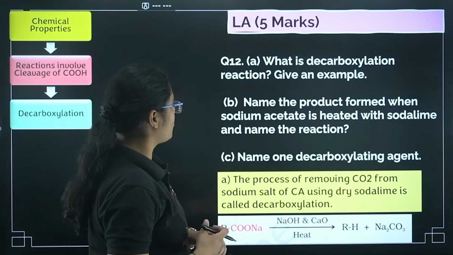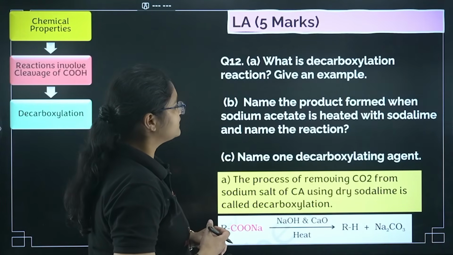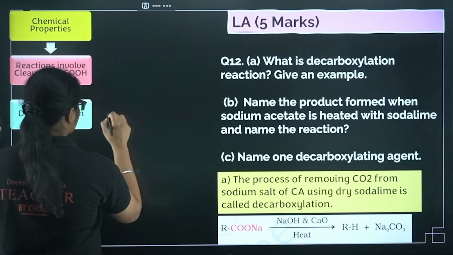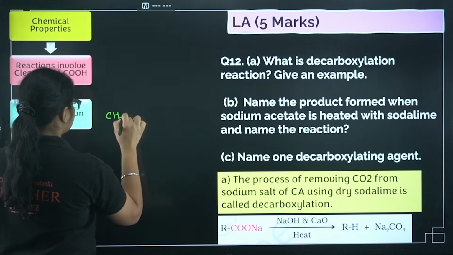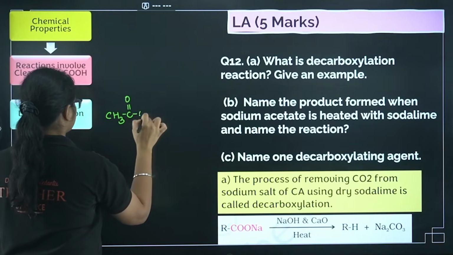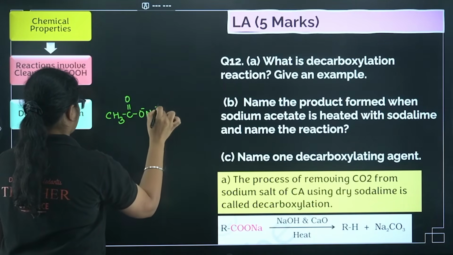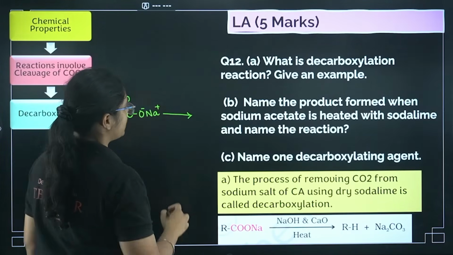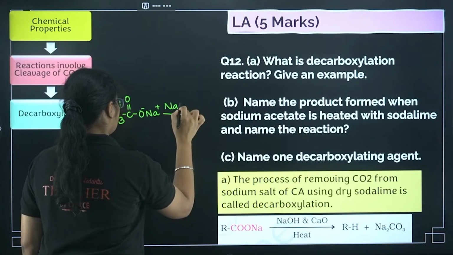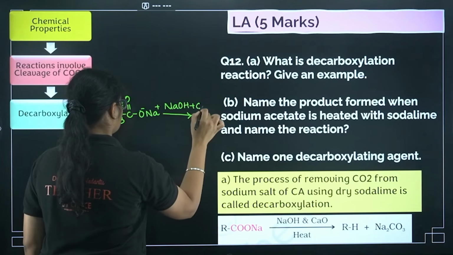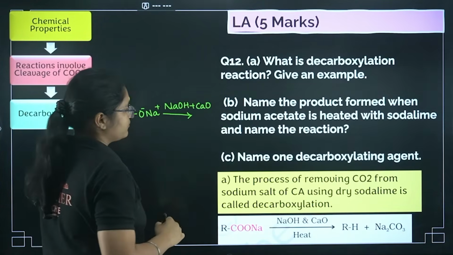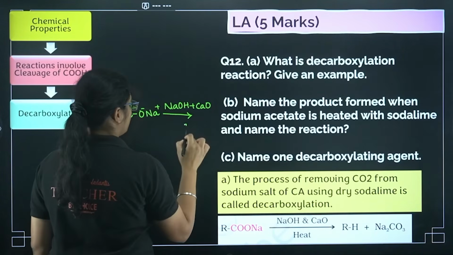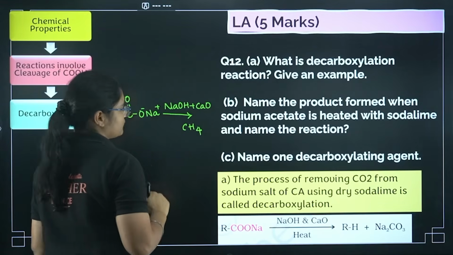Next, name the product formed when sodium acetate is heated with soda lime and name the reaction. So if I have sodium acetate, that is CH3COO minus Na plus, heated with soda lime, that is NaOH plus CaO, then it will remove this CO2 group and you will get CH4 plus Na2CO3.